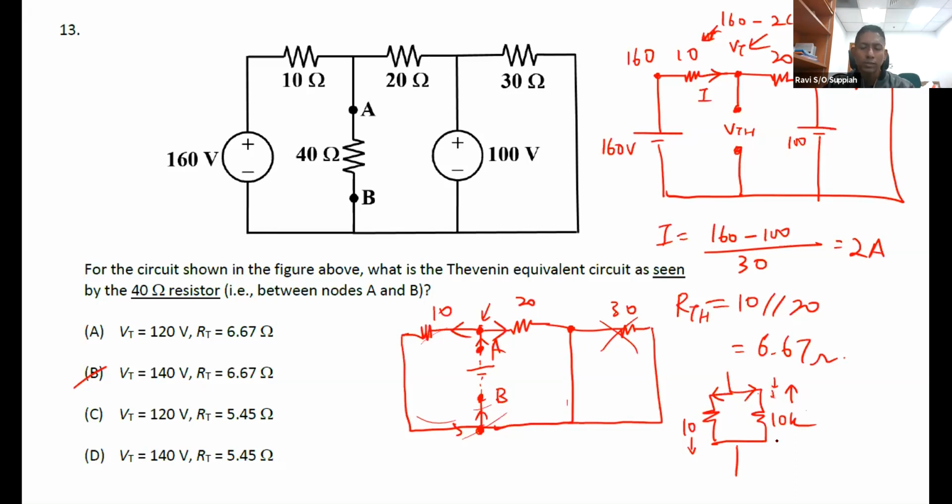It will keep on decreasing until a point it is close to 0. Correct, and all the current will go through the branch whose resistance is getting smaller and smaller. That means from 10 ohm I go to 5 ohm, I go to 1 ohm, then I go to 0.1 ohm and so on.